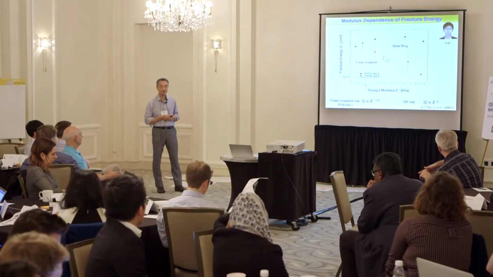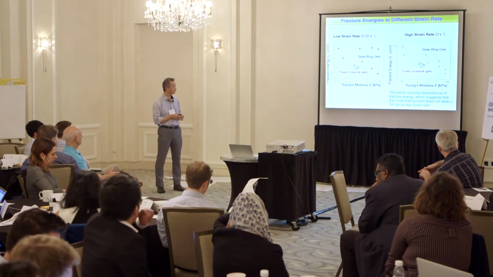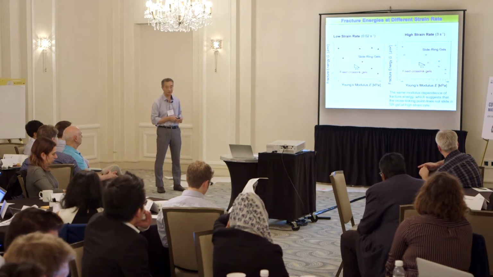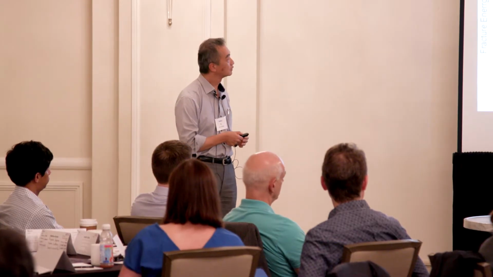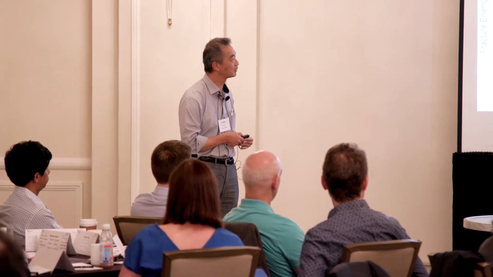This behavior is strongly dependent on how fast you stretch the sliding materials. At low strain rate, the sliding gel shows a much higher fracture energy than the usual chemical gels. But when you stretch very, very fast, the behavior is quite similar to the usual chemical gels. This difference can be well explained by these cartoons.